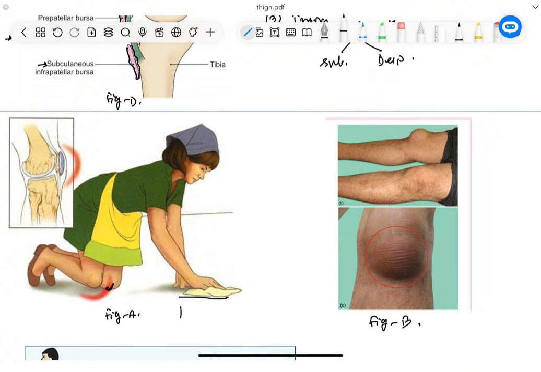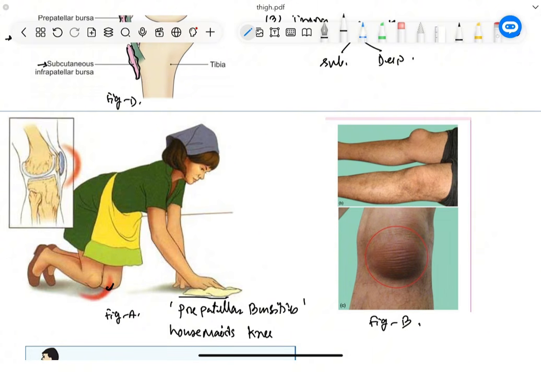So, the mainly affected bursa will be the prepatellar bursa. Prepatellar bursitis develops mainly in people sitting in such a way, bending the knee and working. Another name for this prepatellar bursitis is housemaid's knee.